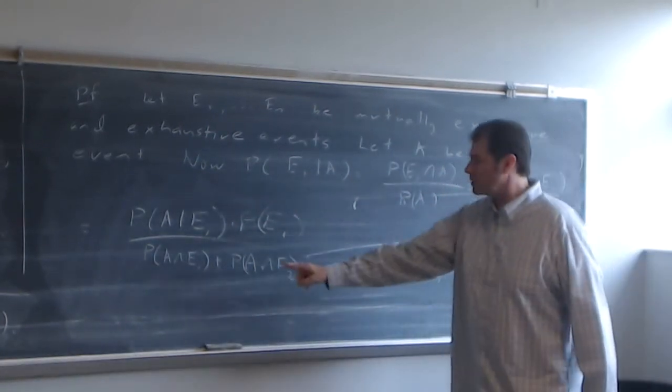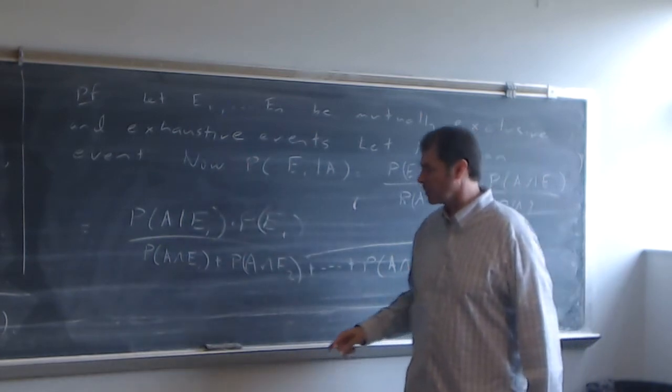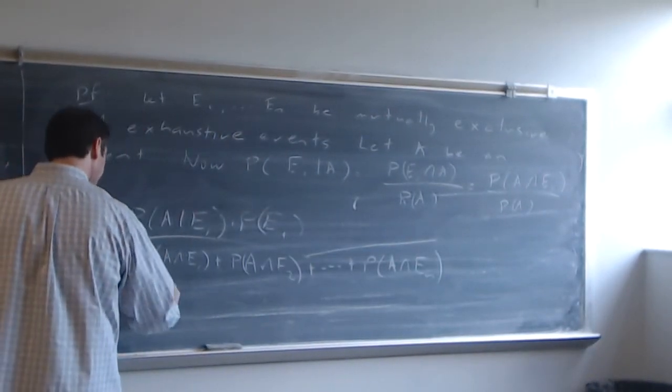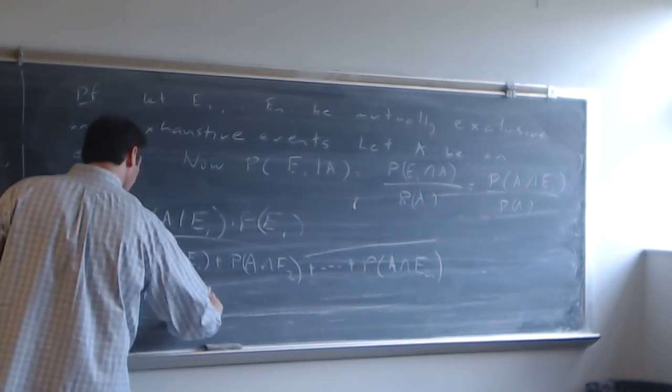Now, for each one of these probabilities of an intersection, we can rewrite them by the same factors we wrote at the top as a conditional probability.